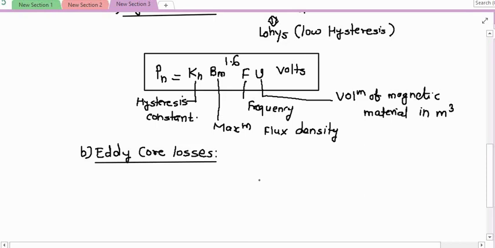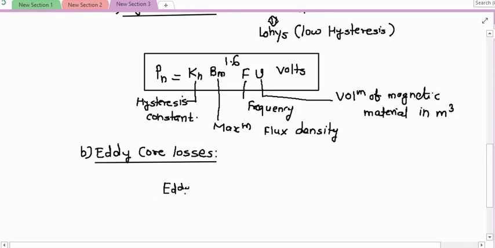This induced EMF causes some current to flow through the core body, and these currents are called eddy currents. As the core is made of steel, it has some finite resistance. Hence, due to the flow of eddy current, heat will be produced. So the power loss due to the eddy currents is called eddy current loss.